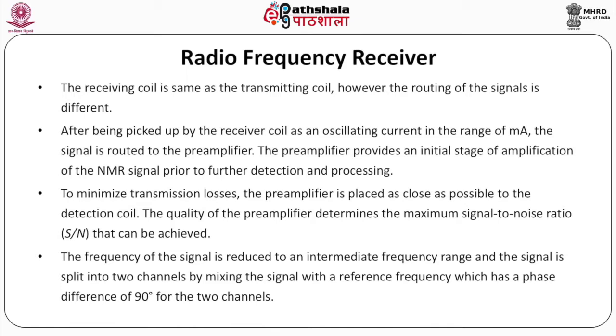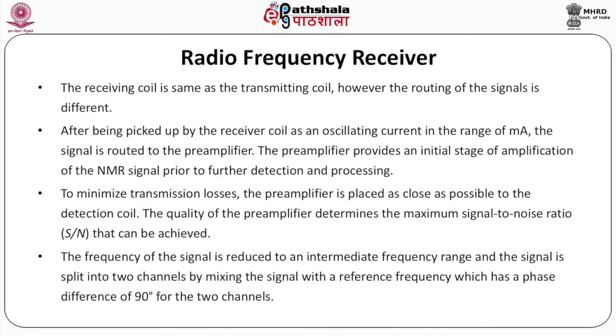The preamplifier provides an initial stage of amplification of the NMR signal prior to further detection and processing. To minimize transmission losses, the preamplifier is placed as close as possible to the detection coil. The quality of the preamplifier determines the maximum signal to noise ratio that can be achieved.